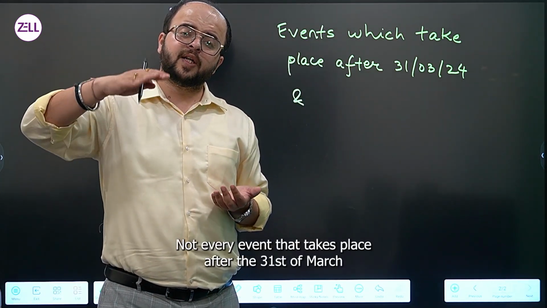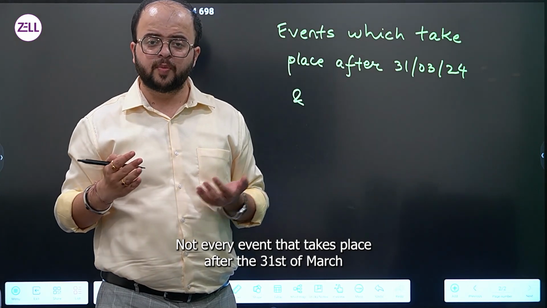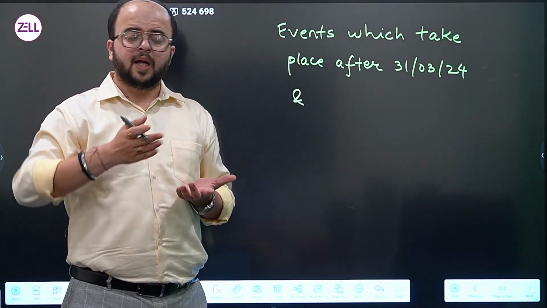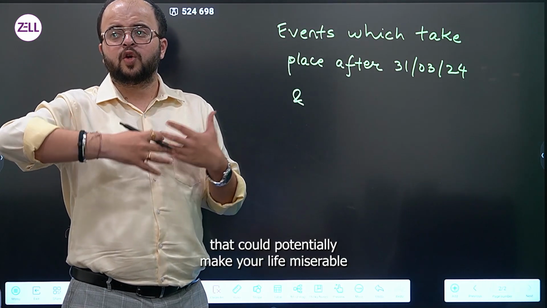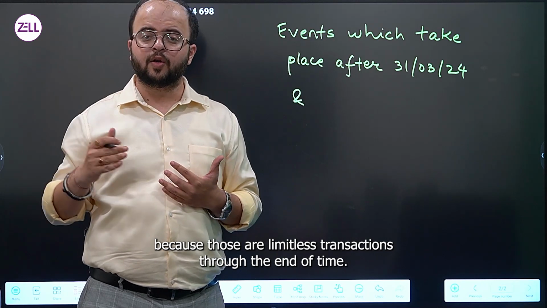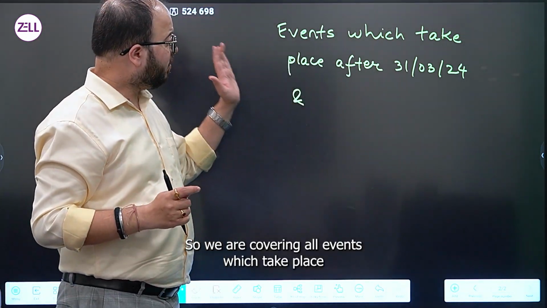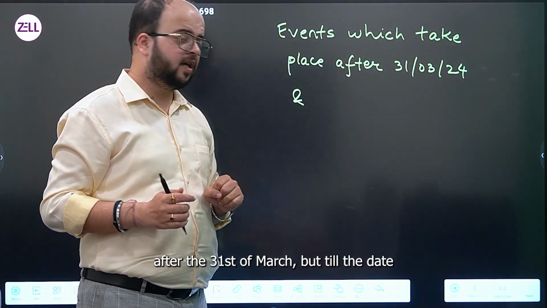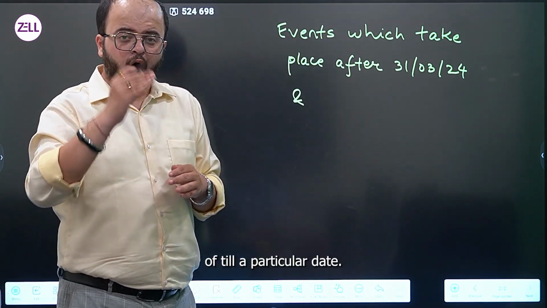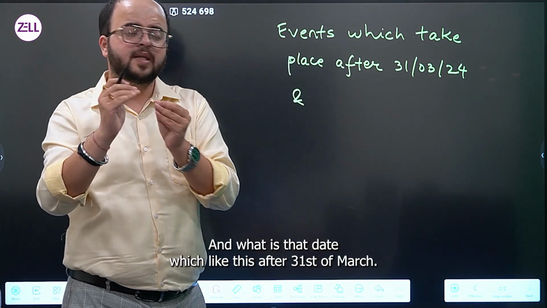Not every event that takes place after 31st of March should be a matter of concern for you, because that would potentially make your life miserable, as those are limitless transactions till the end of time. So we are covering all events which take place after 31st of March, but till a particular date. And what is that date?